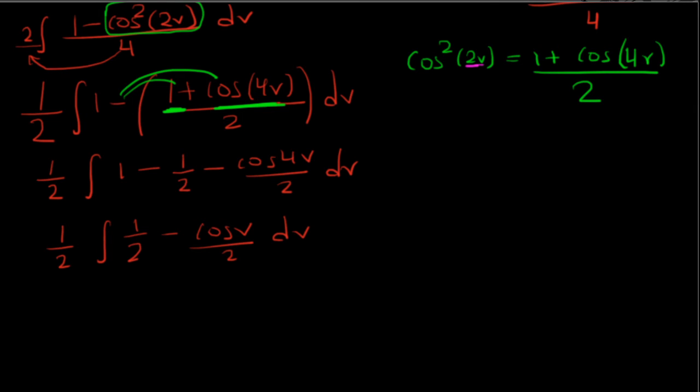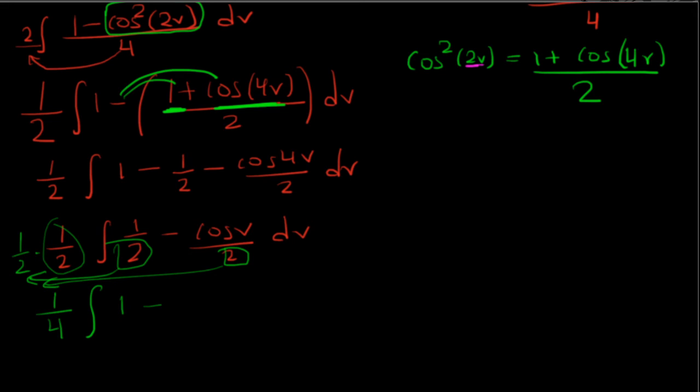Really, in this step, we can factor out the halves here. So we can pull out a half outside, and that will just be 1/4, right? Because we'll have the halves coming out, and we'll be multiplying by the half that we have. That'll give us a 1/4, and that'll be 1 minus cosine 4v dv.